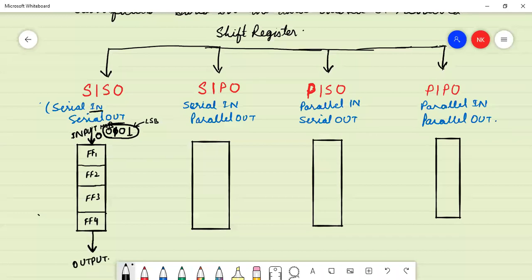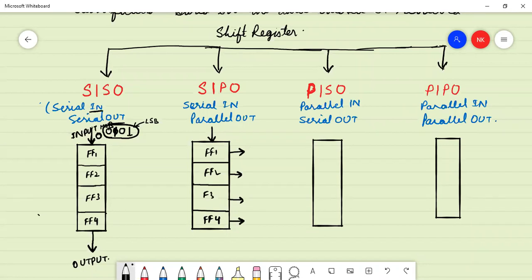Next we will have serial in, parallel out. How can we draw this? We have a 4 flip-flop combination: flip-flop 1, flip-flop 2, flip-flop 3, and flip-flop 4. As the name suggests, data will be fed into the first flip-flop, and we can get the output from all the flip-flops parallelly.